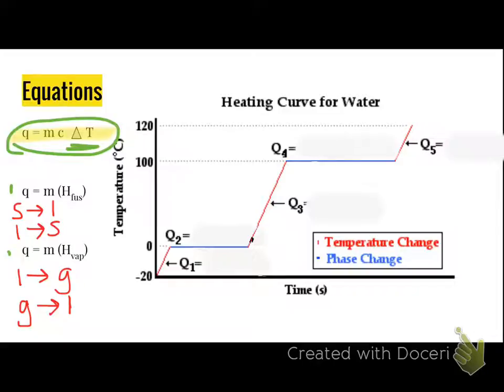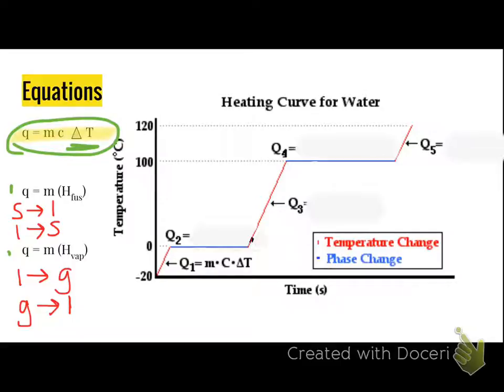So let's look. Q1 is pointing to this first line. What equation do you think we're using here? Well, my temperature is changing, so I'm going to use Q equals mc delta T. The energy for step 2 here, my temperature is not changing, so I know that I'm using either my heat of fusion or my heat of vaporization.